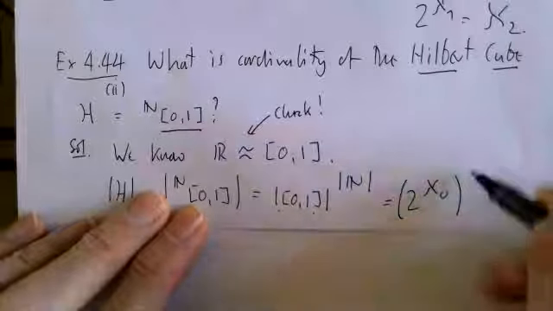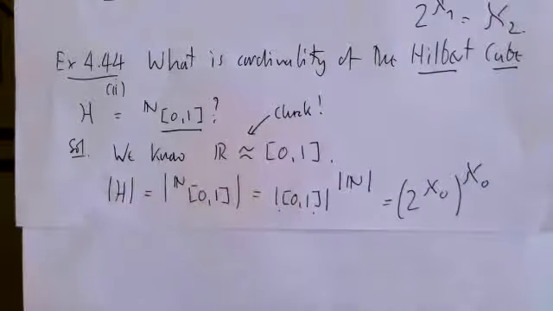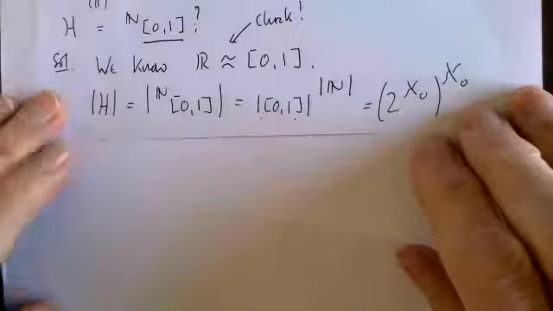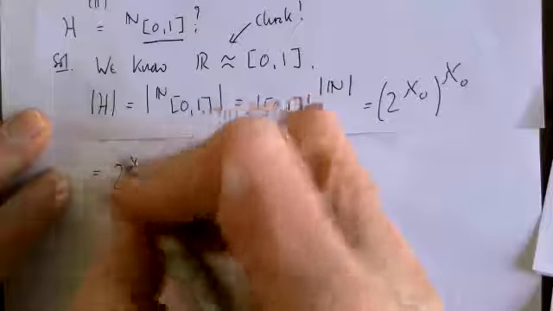And here is the cardinality of n. This is also Aleph 0 here. And now we just use rules of cardinal exponentiation.